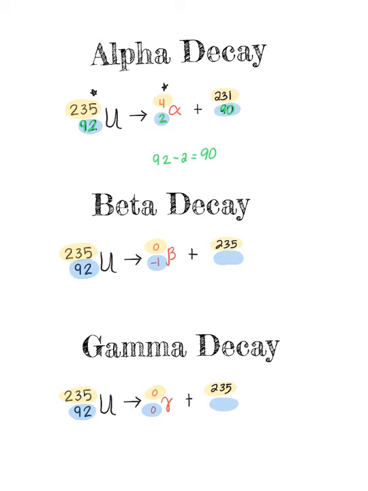When I write that same process for beta decay, I began with 92, and then I lost a -1 charge. So when I write that formula out, I'm subtracting a negative number. Mathematically, subtracting a negative number is the same as an addition. So 92 minus -1 is the same thing as 92 plus 1. So our new atomic number is 93 for the beta decay of uranium-235.